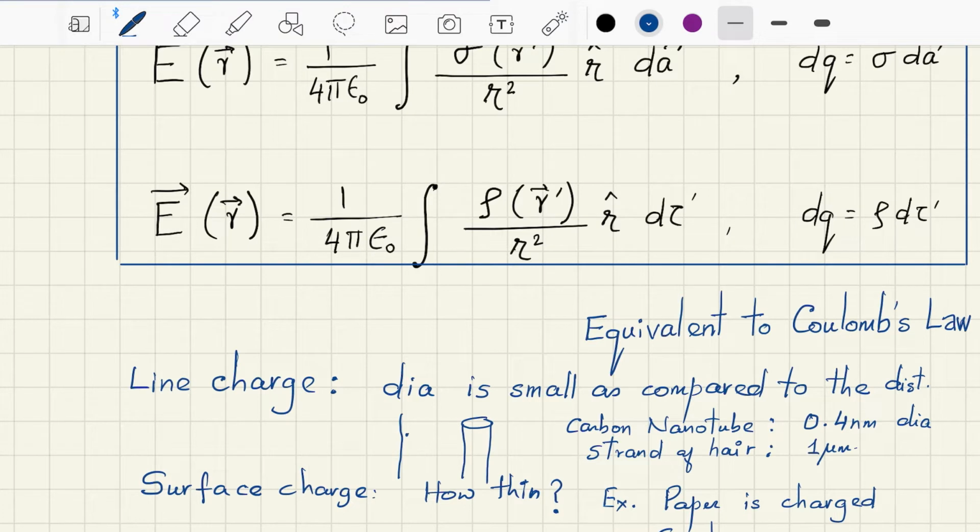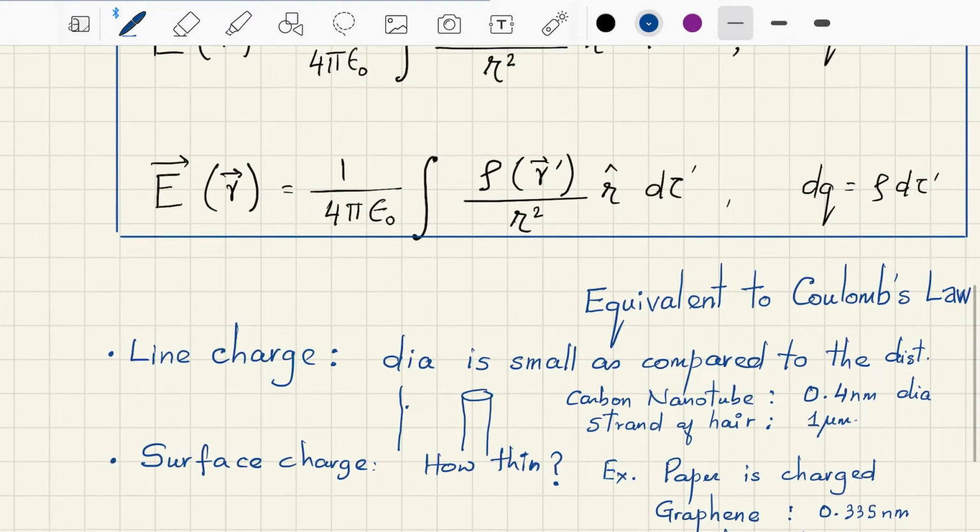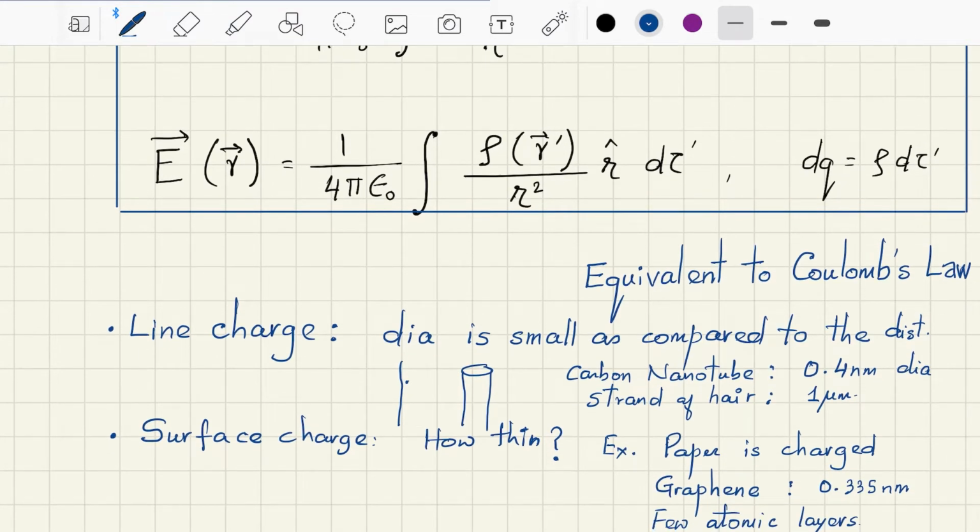And the volume charge, of course, could be a metal ball, or it could be even, let's say, a fullerene.